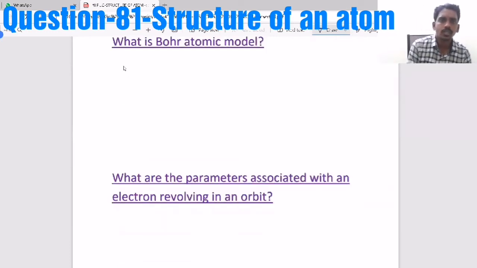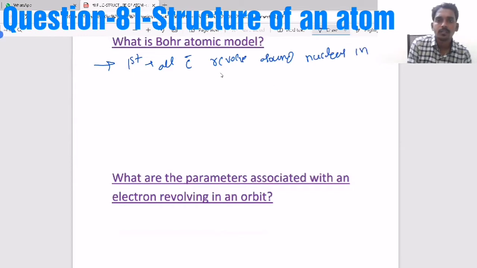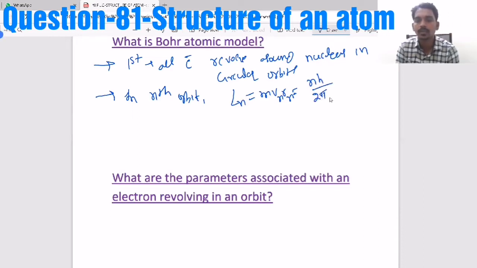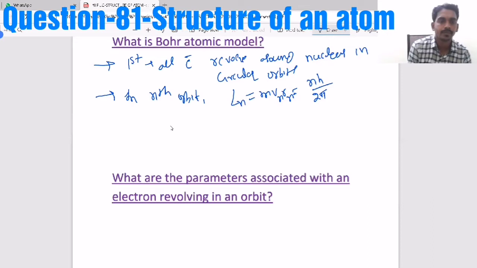And the next thing is, what is the Bohr atomic model? The first postulate says all electrons revolve around the nucleus in circular orbits. The second says in the nth orbit the angular momentum of the electron, m v_n r_n, equals nh by 2 pi, integral multiples of h by 2 pi.